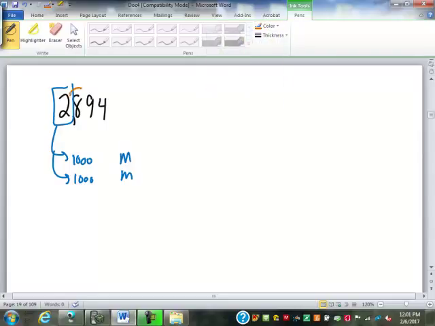Next, we look at the 8. 800. Well, 800 is going to be split into 500 plus 3 100s. We can't have 4 in a row. So 500 is D, and then C, C, C.